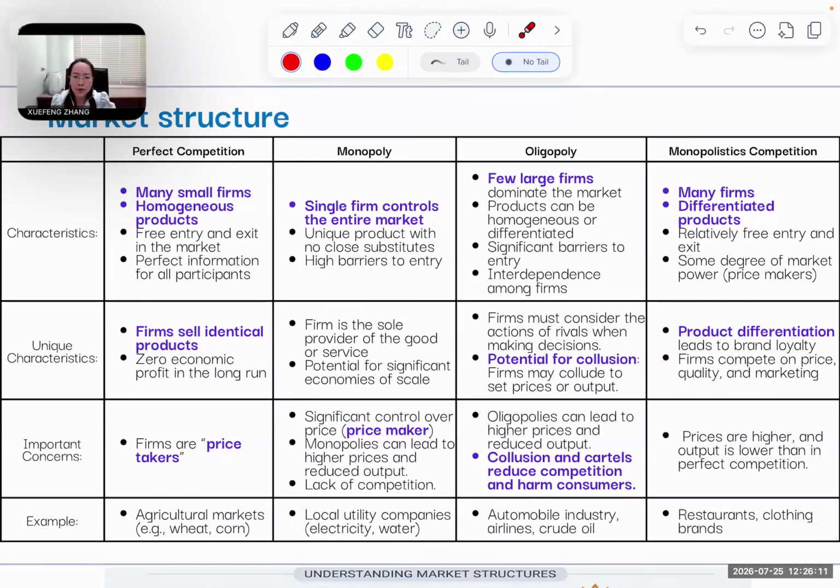There are a few large firms, like automobile makers or airlines. Not one price maker, but they are interdependent. Each firm watches what its rivals do before deciding, and because there are so few of them, they could even collude to keep prices high. This is something about game theory. If you are interested, you can search it.